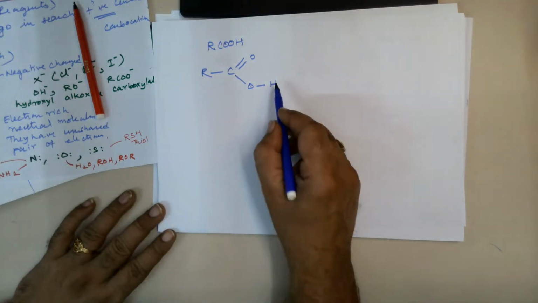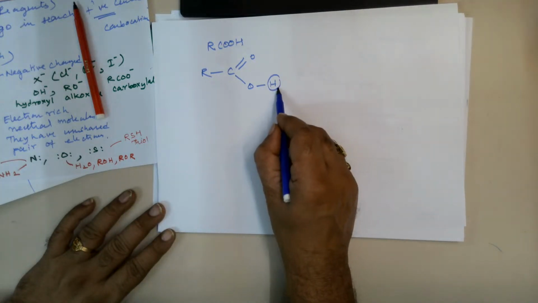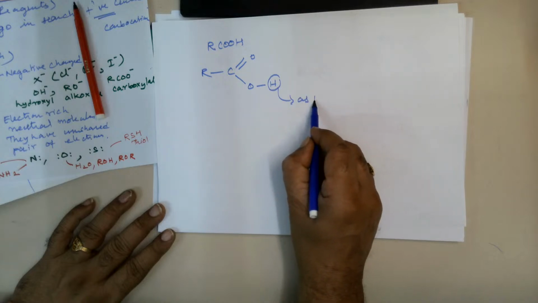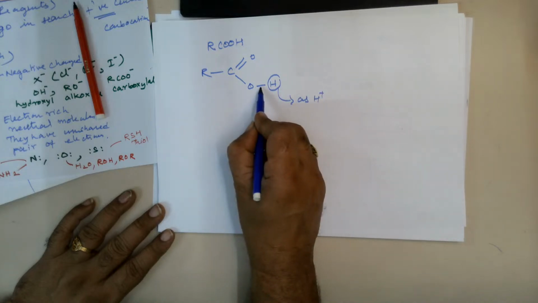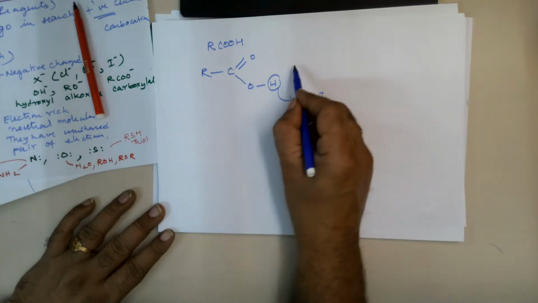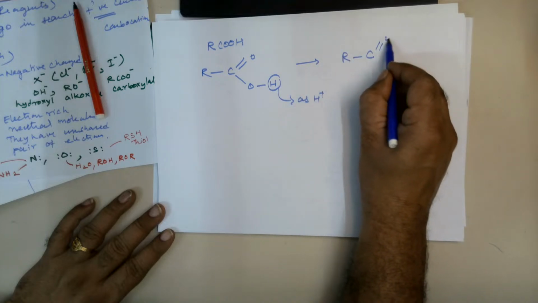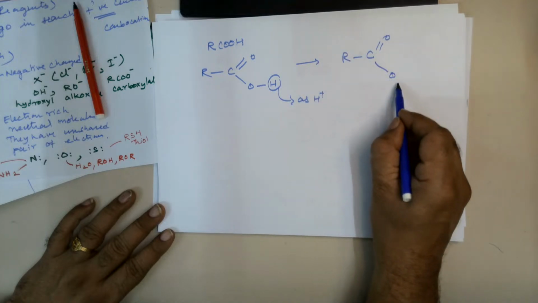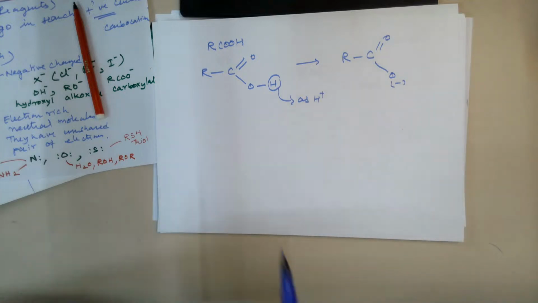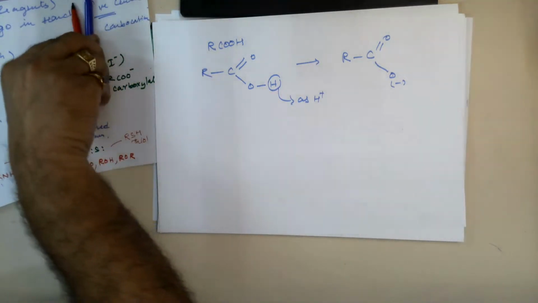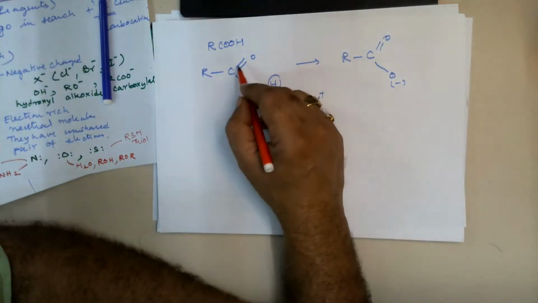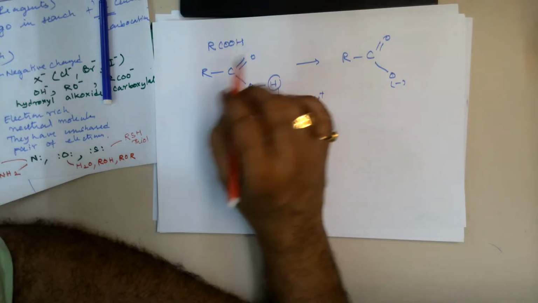And carboxylate means one hydrogen is removed as H plus. So it becomes minus. This electron is possessed by this oxygen. So it becomes R C double bond O, O minus. I can show this by electrons also, electron dot. So how to show the electron dot here?